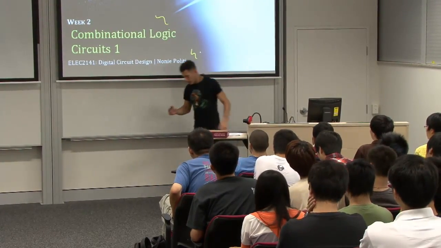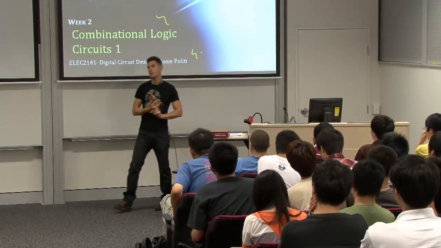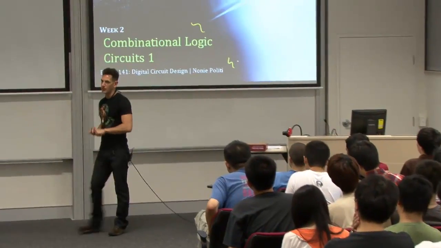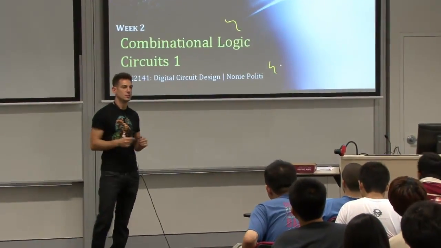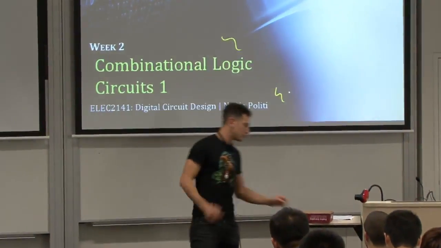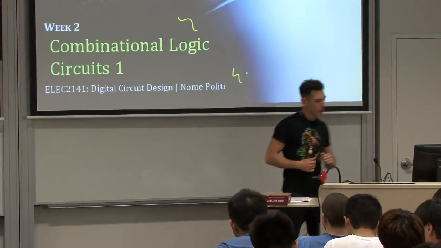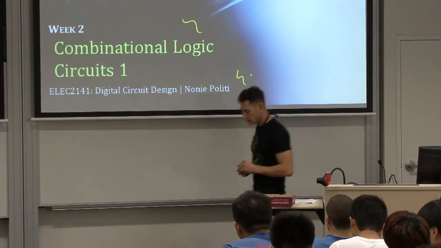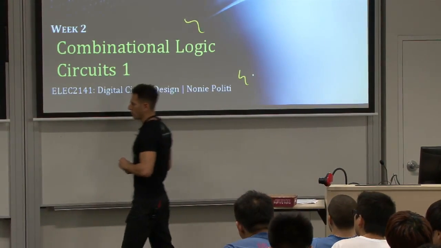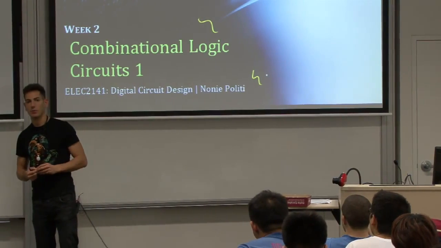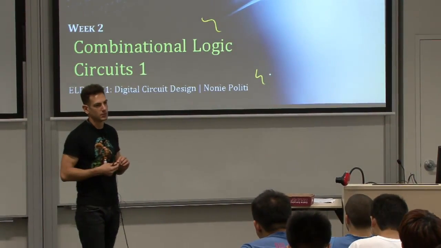So what did we do last week? Last week we talked about digital systems. I introduced very high level of digital systems, a little bit abstract at times. We started talking about number systems. We said what are positional number systems. We generalized our decimal number system and how it's part of a bigger system of number systems.